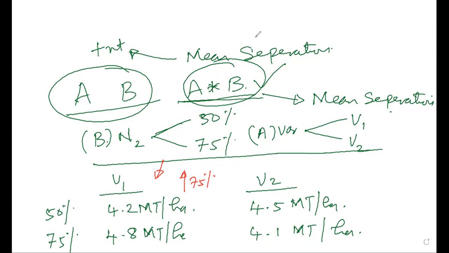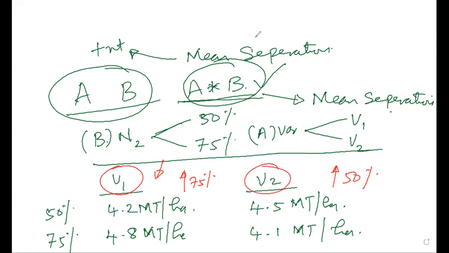Let's talk about variety 2. In variety 2, which nitrogen level gives the high yield? 50%. You see, this is what we call interaction. Maybe my example numbers are wrong, but you see, results are different for variety 1 and variety 2.